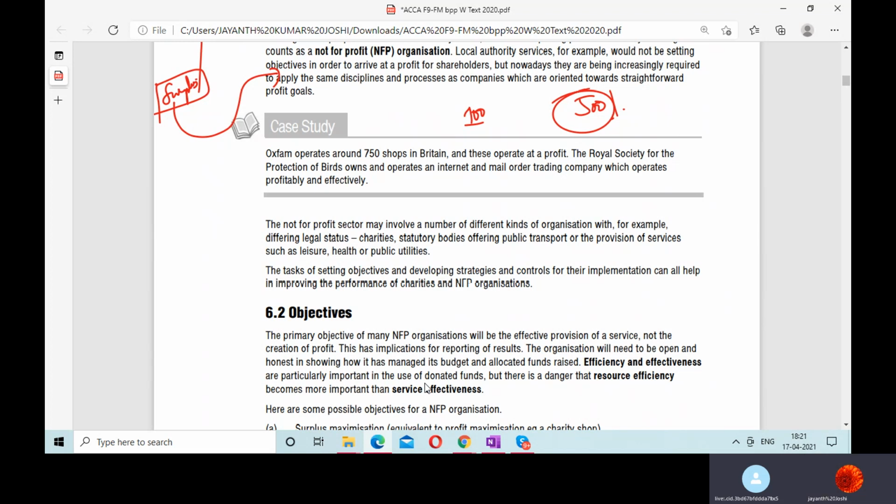And the Royal Society for the Protection of Birds owns and operates an internet and mail order trading company which operates profitably and effectively. So both of them operate for profit only. What is happening? I just want a synopsis. Just read it and give me a summary. What is happening here?